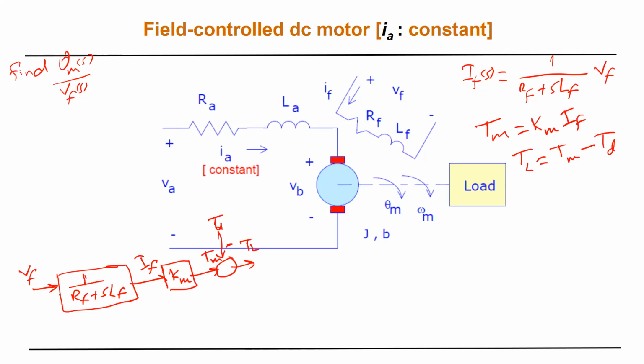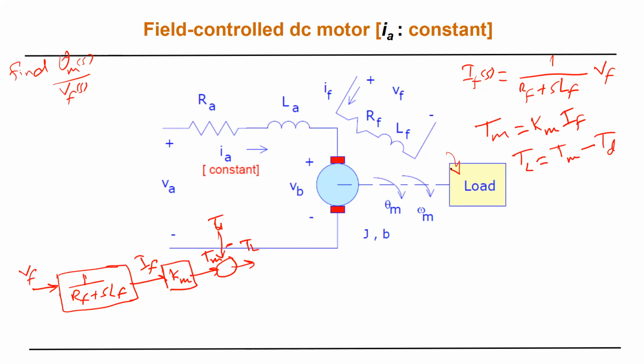Now let's work on the TL in terms of theta. What's the relation between theta and TL? We know that TL is connected to the angular acceleration, which is the second derivative. Apply Newton's law in here.